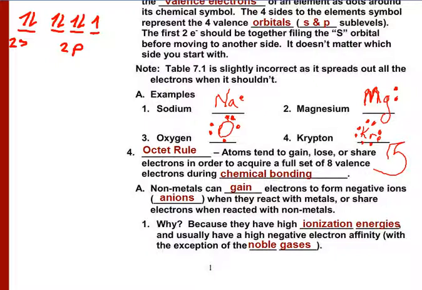Electron affinity is very similar to electronegativity, except electronegativity has to do with bonding with other atoms. And electron affinity is just how much it likes to attract electrons when they are not bonding.